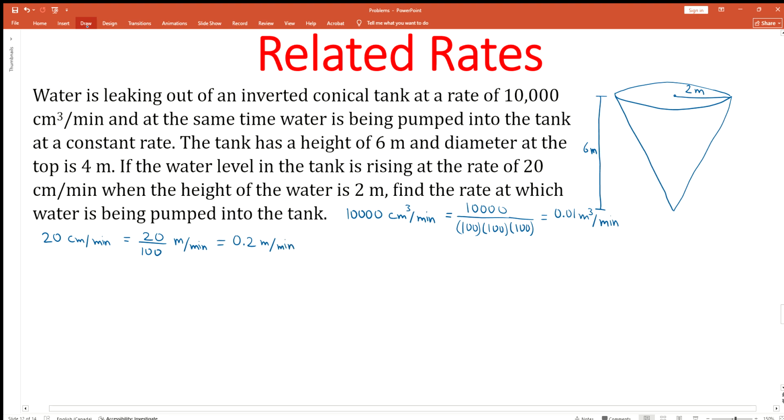So as per the problem, water is leaking out of the tank at a rate of 0.01 meter cube per minute, and water is also being pumped into the tank at a constant rate. In this problem, we have to find that constant rate at which water is being pumped into the tank. Let's assume the constant rate at which water is being pumped into the tank is x.